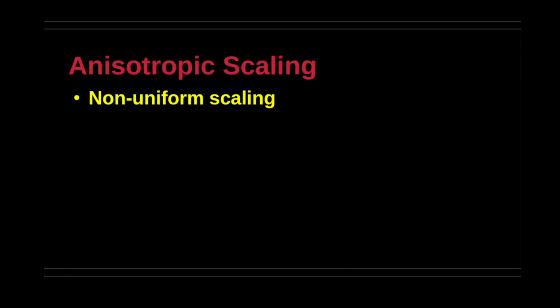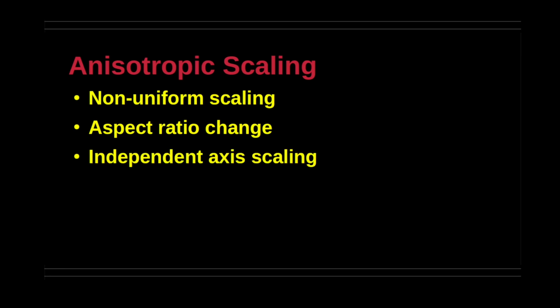Anisotropic scaling is a transformation that modifies the dimensions of an object by different factors along different axes. Unlike isotropic scaling, which uniformly scales an object in all directions, anisotropic scaling allows for independent scaling in each direction of the coordinate axes.